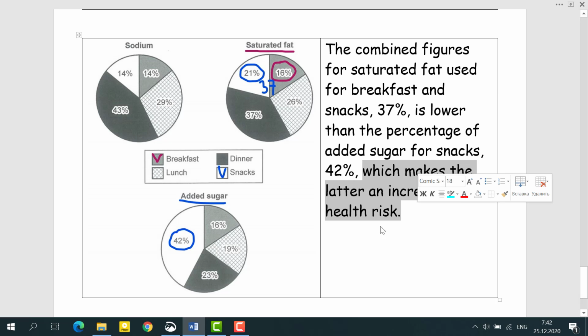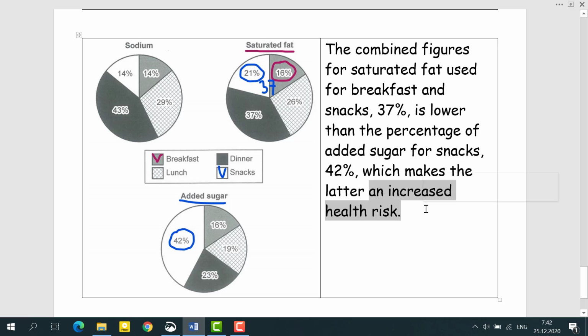Now I'm going to give some extra information, my extra comment, and therefore again I need to put a comma here, which makes the latter mean the second item which we're describing now, and the second item is sugar. Okay, so added sugar. So I'm using referencing here. That's exactly what the examiner wants you to do.